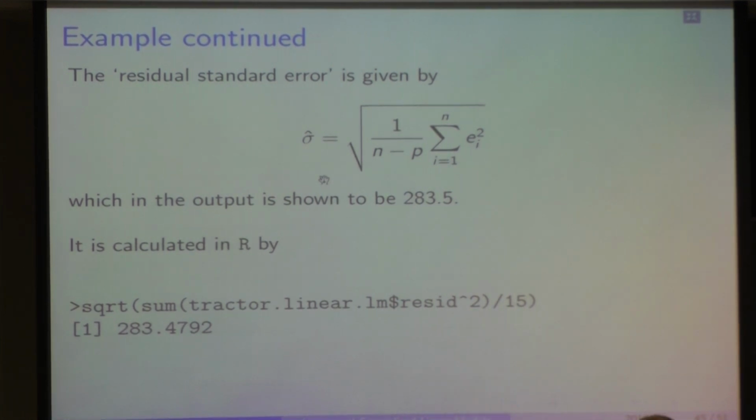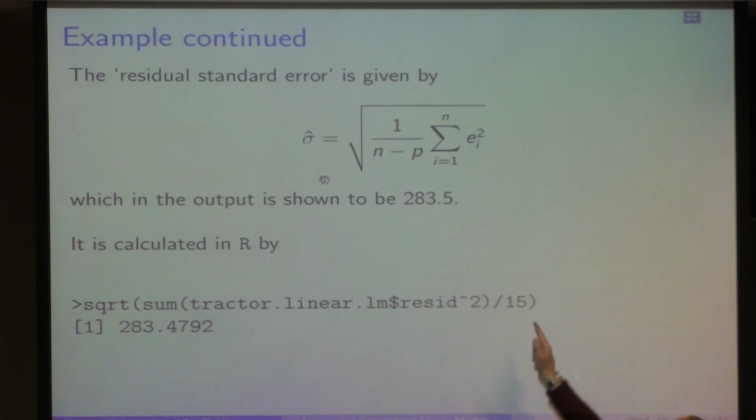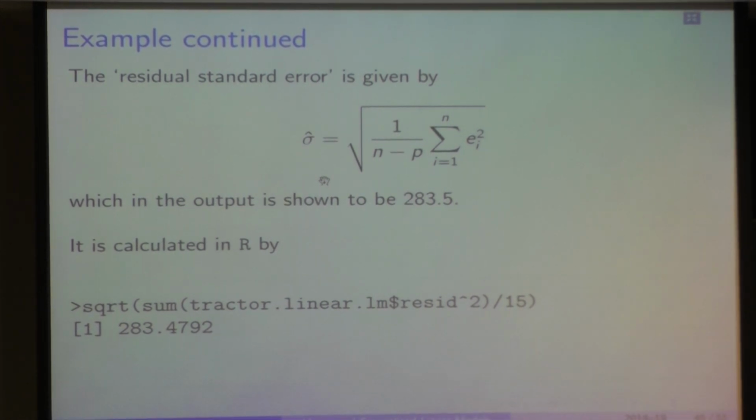The squaring here gives us the squares of the residuals, and then we're going to sum them, divide by 15, take the square root. So that calculation will give you the calculation that R does to get the residual standard error.